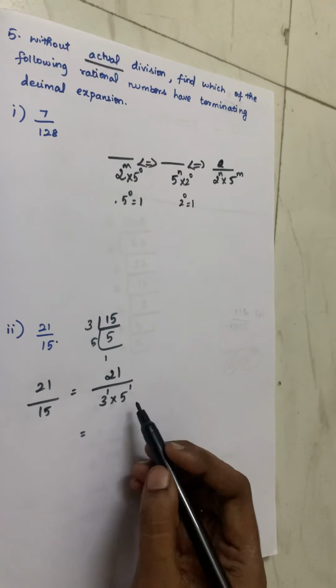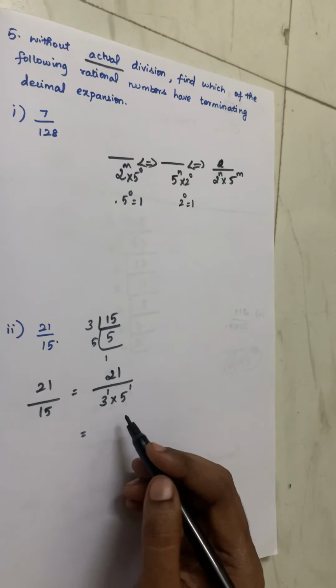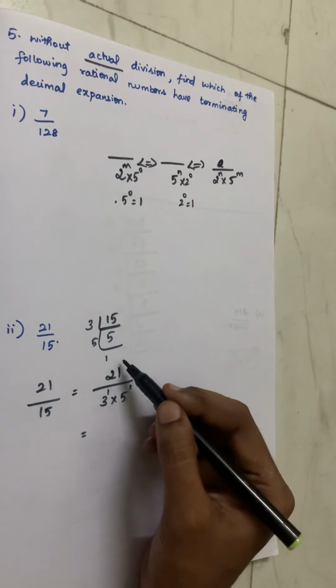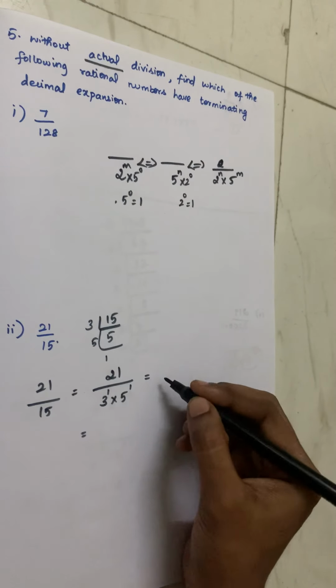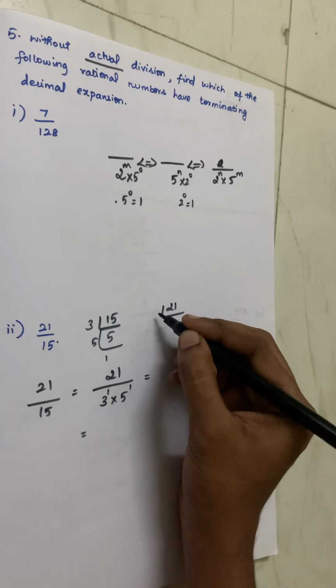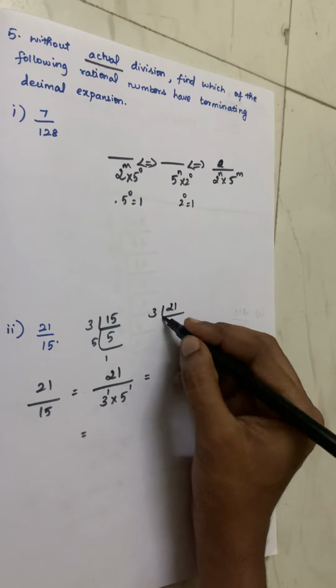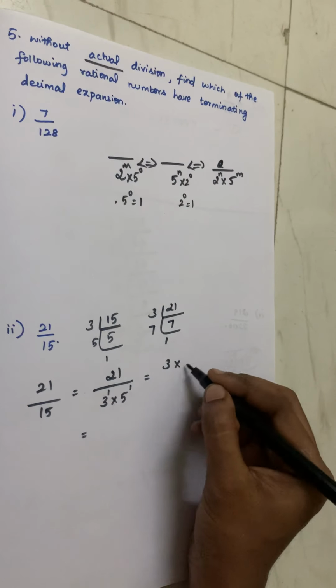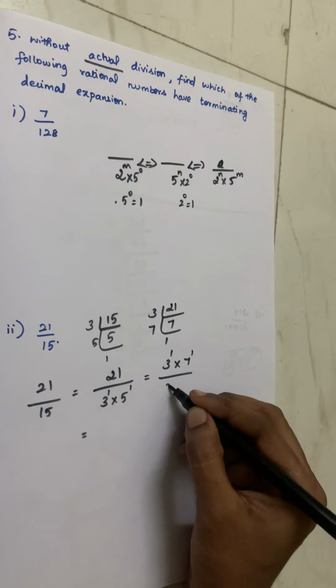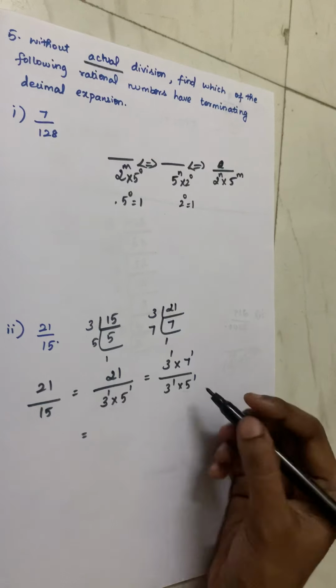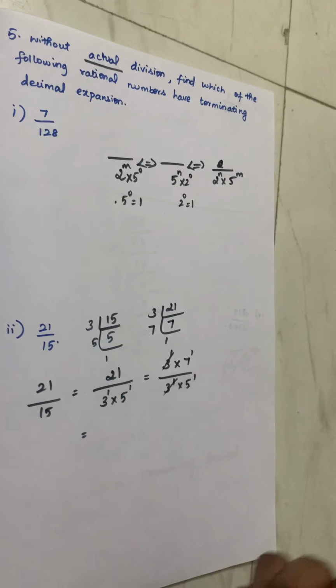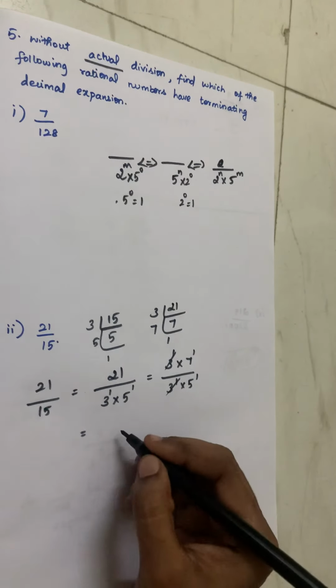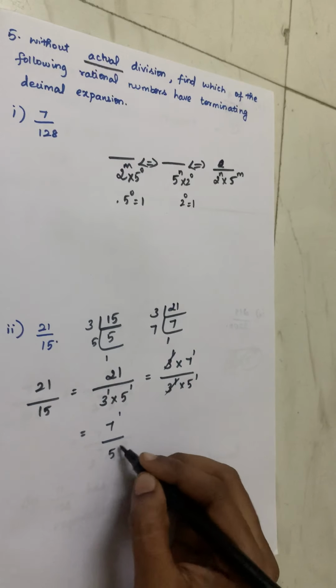If you want, you can change this 21 also. 21 is 3 times 7, so 3 into 7. 3 power 1 and 3 power 1 will get cancelled. The balance will be 7 power 1 over 5 power 1.